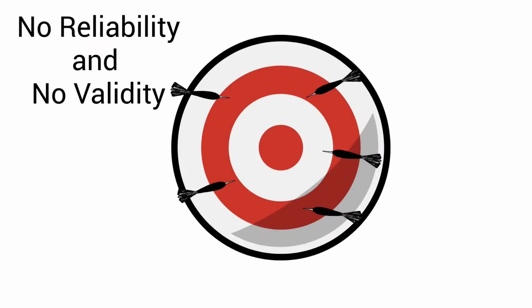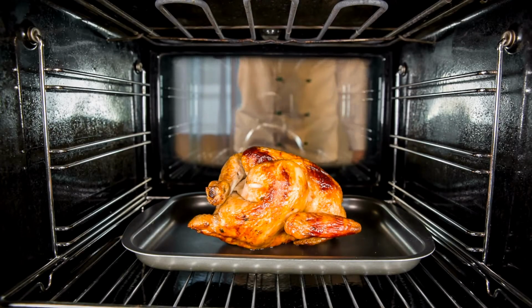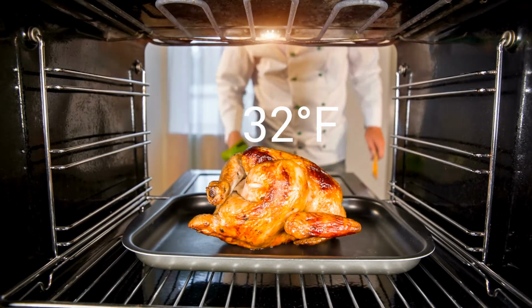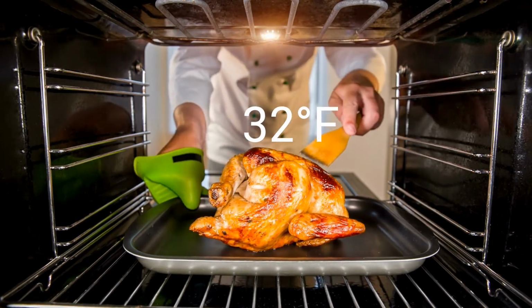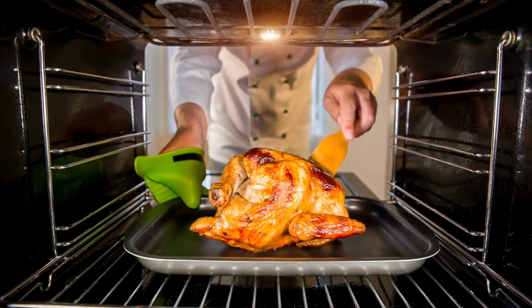So, condition number one, with my first chart, I have no reliability and there's no validity. Let's say that I've been cooking my chicken for a while, so I want to test it. The thermometer reads 32 degrees Fahrenheit, which is freezing. So I'm shocked and I decide to test it again.